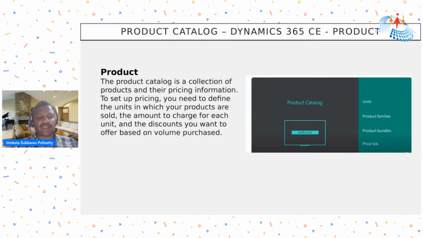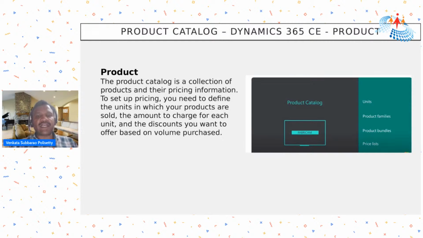These are all out-of-the-box configurations, but they play a vital role in generating leads across the modules of sales, marketing, and customer service. If you observe the slide, a product catalog will have the units, product families, product bundles, and the price list.